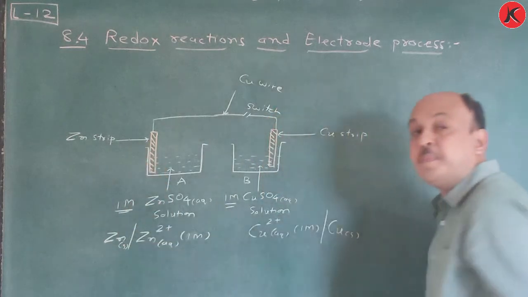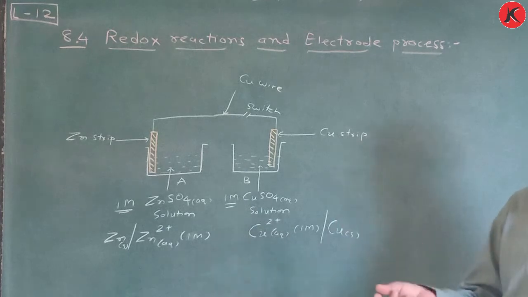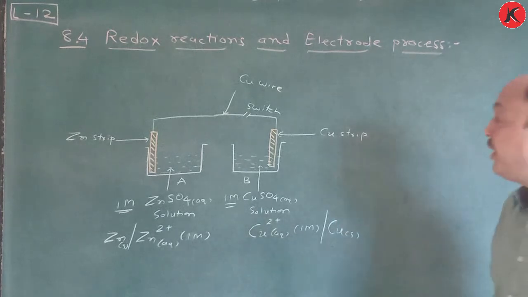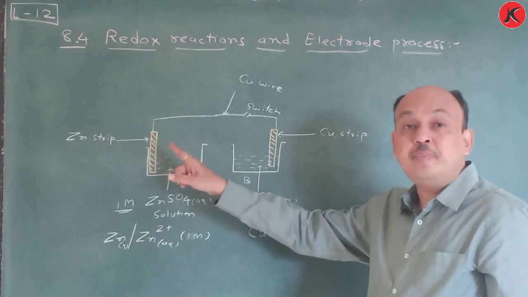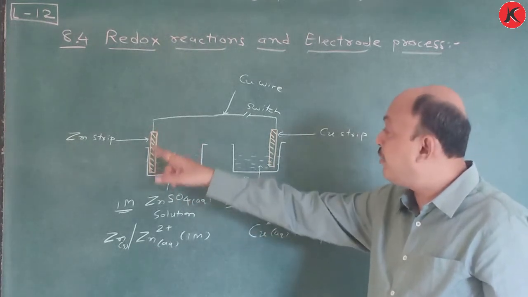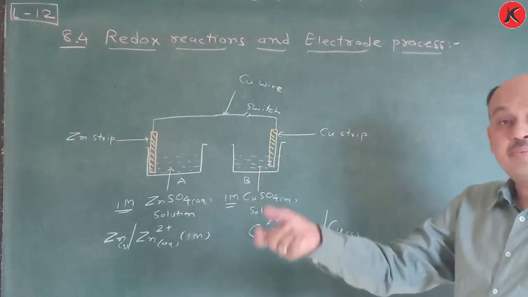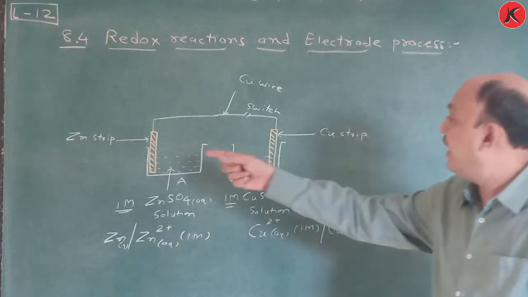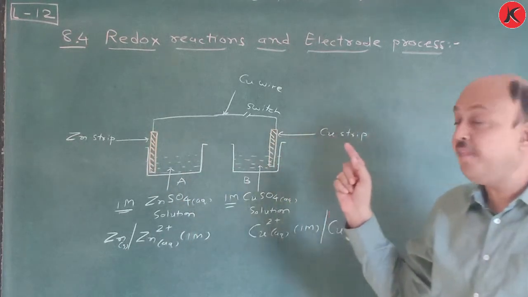And this Zn strip and copper strip are already weighed. That means they are washed with the help of distilled water, so there are no impurities. Weighed means whatever the mass of the Zn strip and copper strip is, it is already calculated from the weighing machine, or say analytical balance. So the Zn strip and copper strip are already weighed.